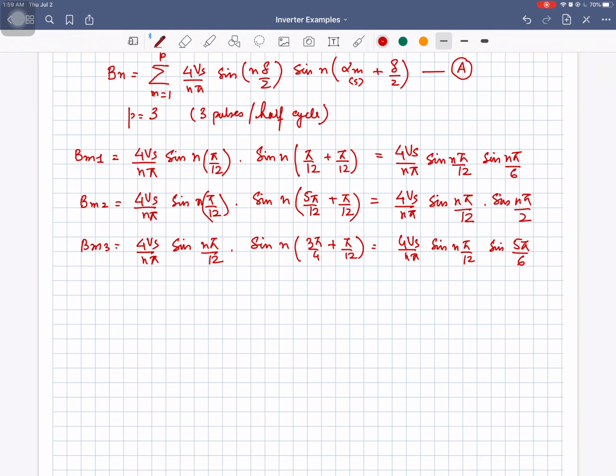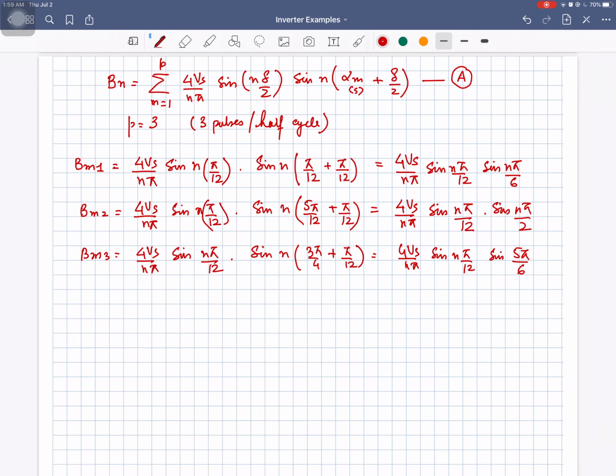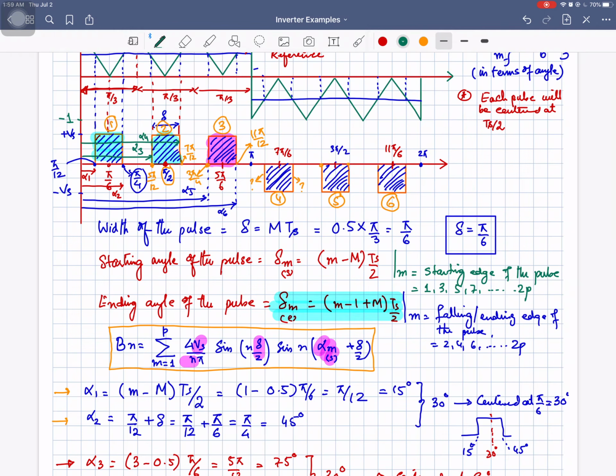Now the summation of all of these is equal to Bn. So Bn can now be written as Bn is equal to Bm1 plus Bm2 plus Bm3. If we sum them together, from this expression we will get the Fourier series coefficient Bn for this waveform that is shown over here in this diagram.